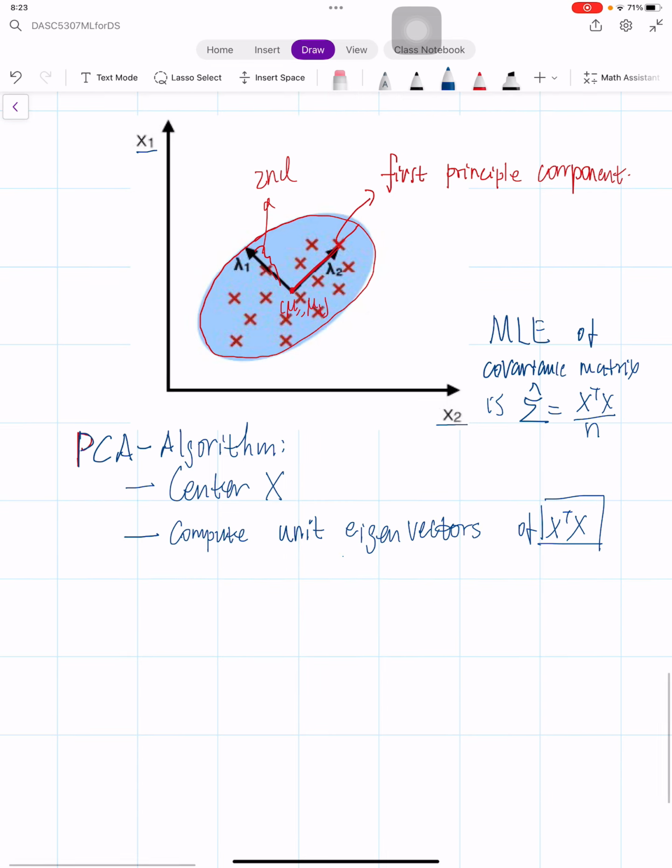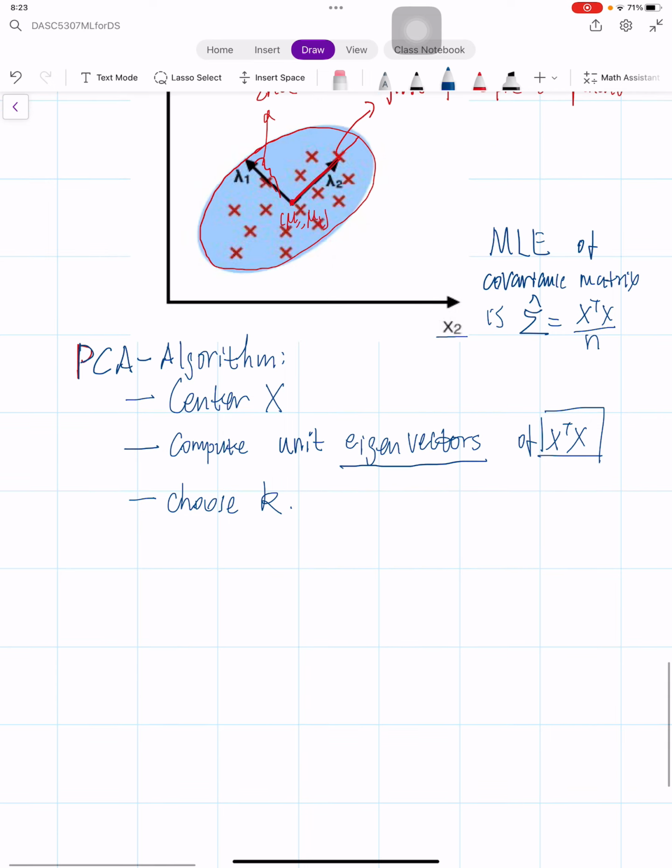Okay, once you calculate all the eigenvectors, you choose a number k. In a minute, I will explain how you pick a k. You pick a k, and for the best k-dimensional subspace, pick eigenvectors.